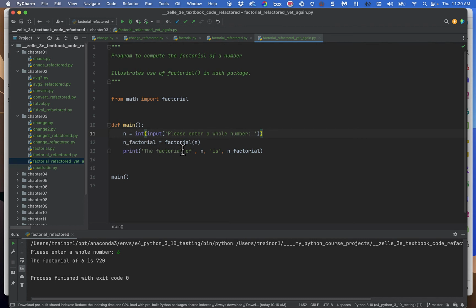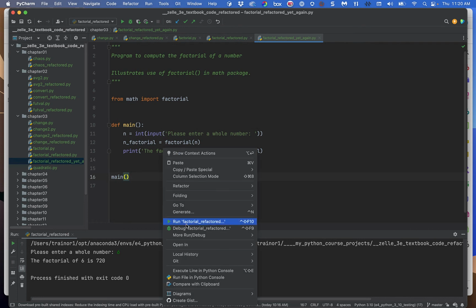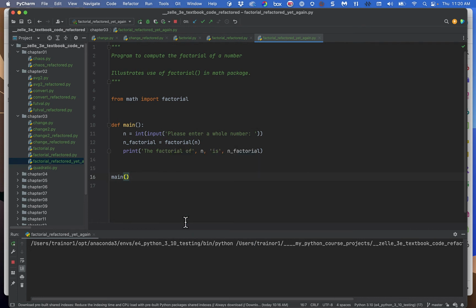And how do we get that? Well, we just call factorial and we pass n. Then we print it out essentially the same way. So let's run this, and let's give it the value 6, and it's going to give us the same answer.